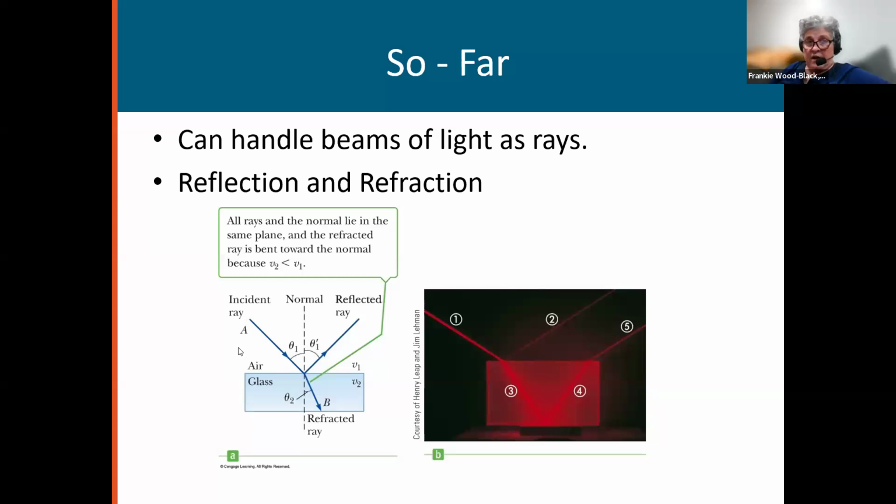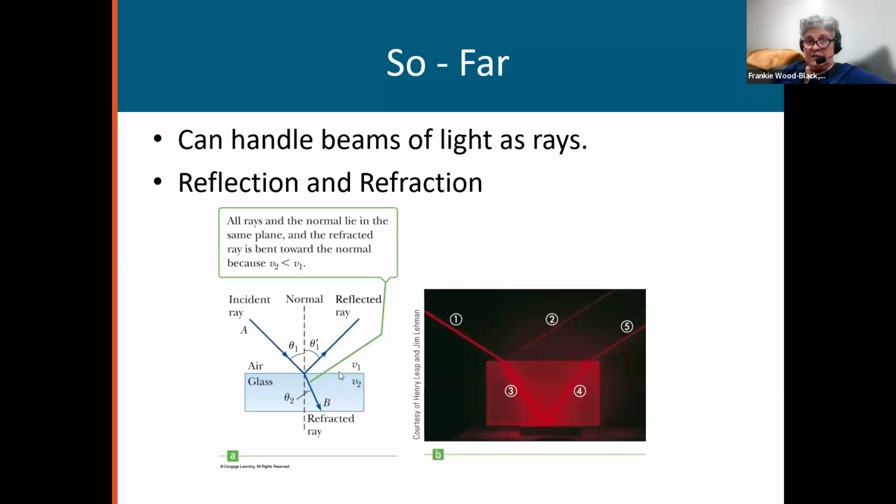Now, with Snell's law, we have to accommodate the index of refraction, and that's how light interacts with the medium that we're dealing with. For air, that number is very, very close to 1. For a vacuum, it is 1. And for glass, it is going to be greater than 1. And therefore, we will get an angle of refraction, and that's going to come from Snell's law.